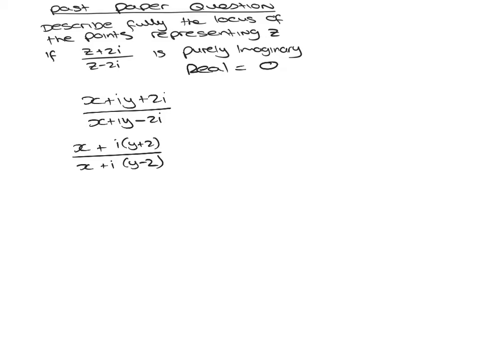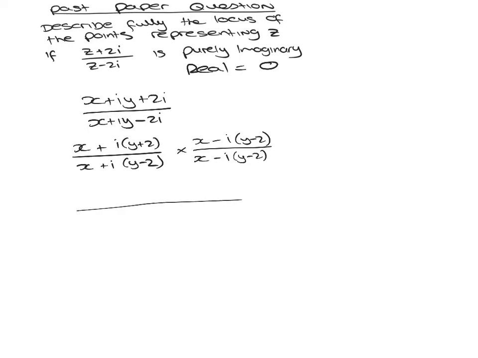So to get rid of the imaginary part on the bottom, we're going to multiply by the complex conjugate of the bottom. So we multiply top and bottom by x minus i(y minus 2).